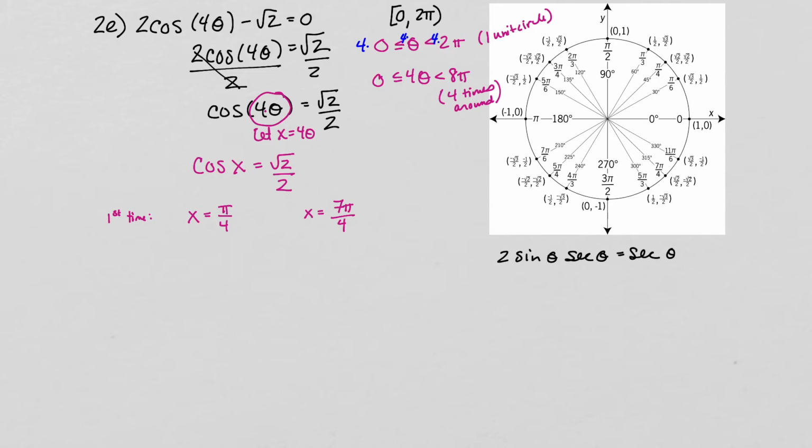So that's one time around. The second time around, I'm going to stop at the same places. I'm going to stop again at pi over 4, but this time I've gone all the way around once. So the next place it happens is x equals pi over 4 plus 2 pi, or x equals 7 pi over 4 plus 2 pi. That's the second time around.